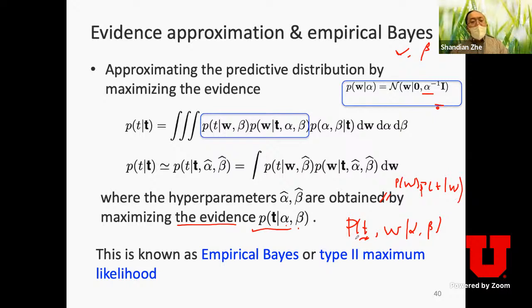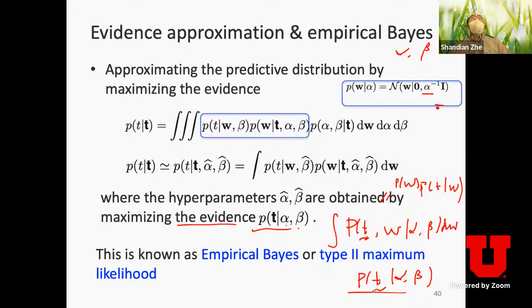Now the type 2 MLE means that I'm going to marginalize out W. I only have the marginal distribution of the observed data given alpha and beta. This is called model evidence, which we just mentioned.